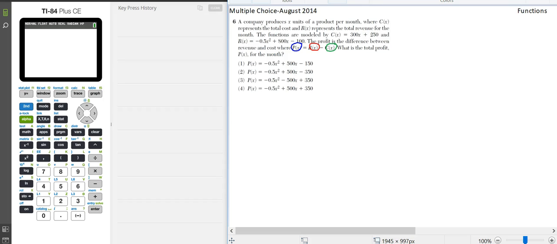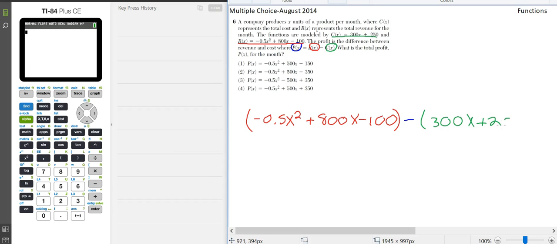R of x, they tell us, is negative 0.5x squared plus 800x minus 100. And then we have minus C of x, which is, they tell us, 300x plus 250.